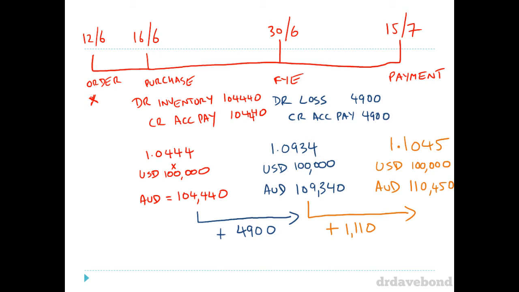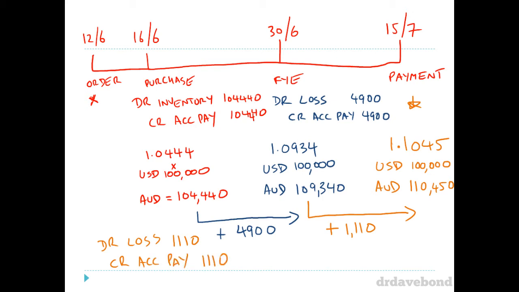So we build that in and we would have the same set of entries. I'll do them right at the bottom. So this is for this point in time. We would debit loss 1,110, and we would credit accounts payable 1,110.